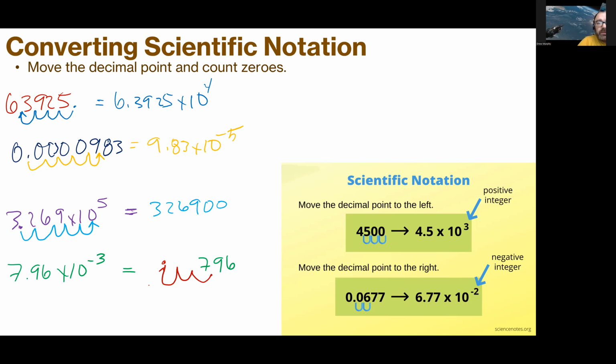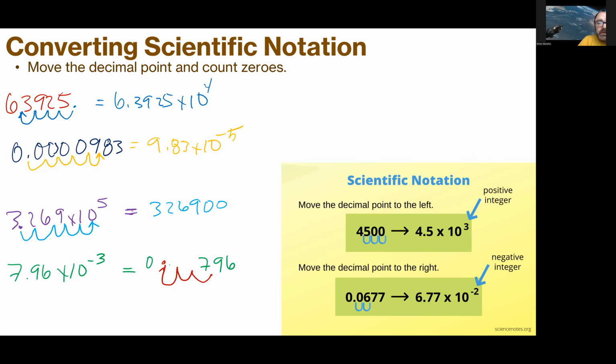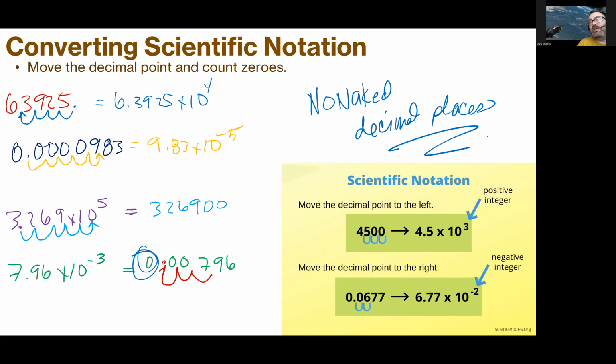That's where the decimal place goes. So this becomes 0.00796. Okay. This 0 in the front is required. Okay. My rule for you guys is no naked decimal places. So make sure you have that 0 in the front when you do that.